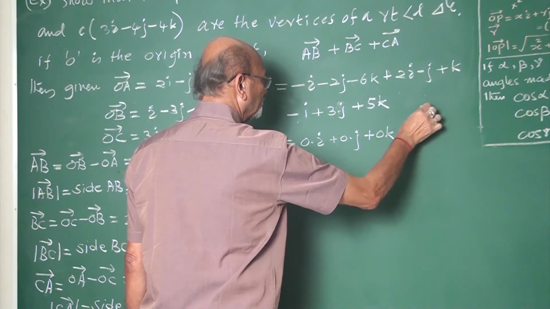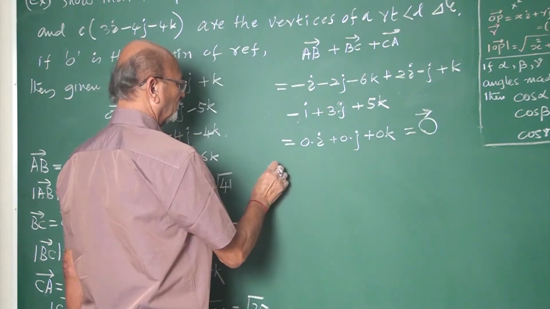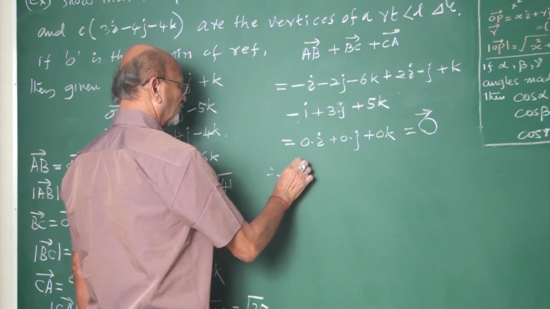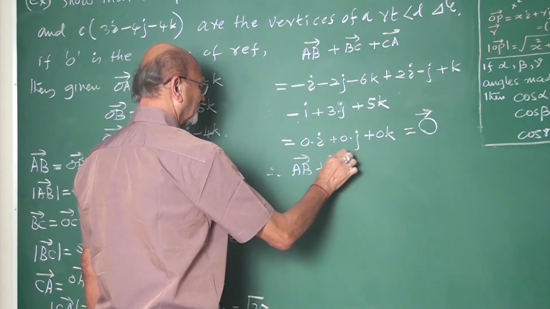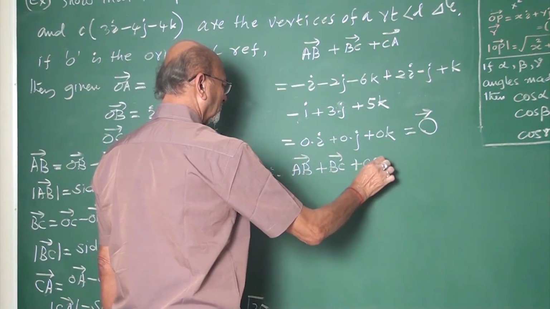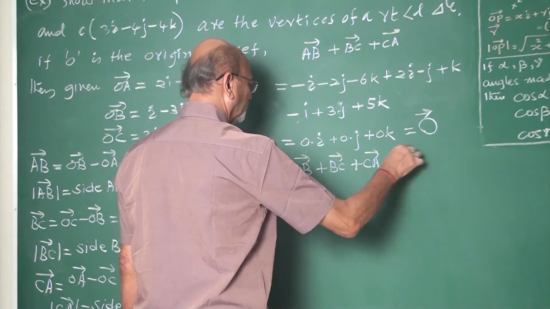My friends, it is a 0 vector, not 0. Therefore, vector AB plus BC plus CA is the 0 vector.